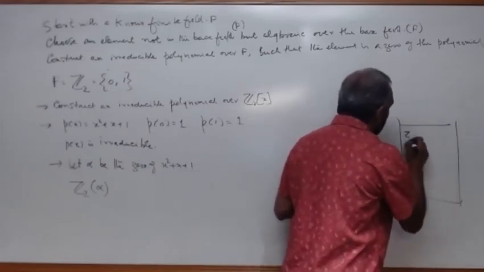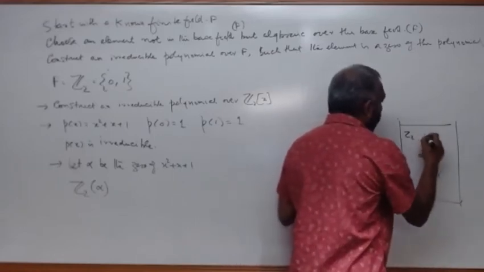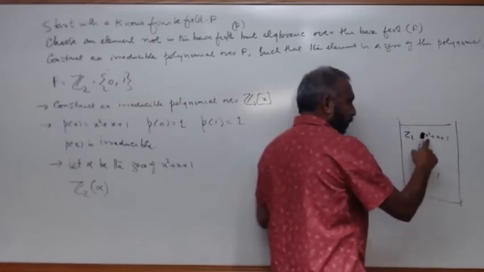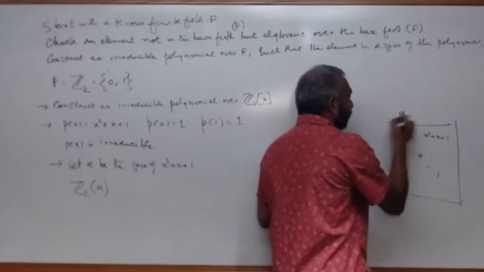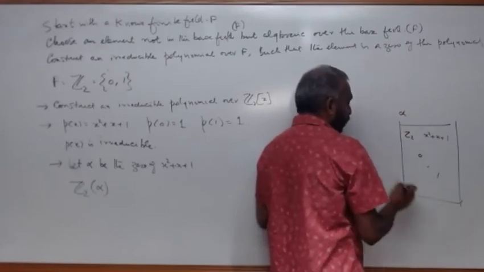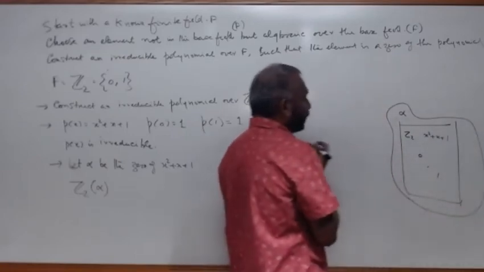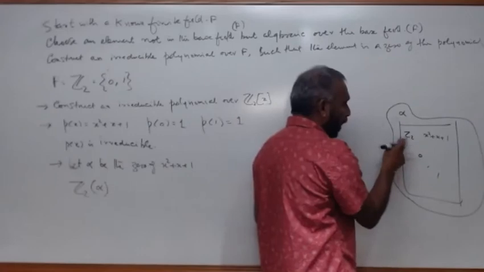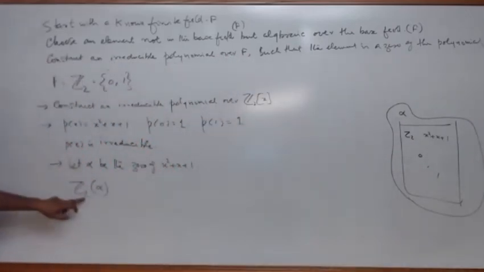This is our Z2, just 0 and 1, and we have a polynomial here, x square plus x plus 1. The 0 is not inside this, so it is outside here. So we are going to find the elements of the field that contains both alpha and Z2, and that is what we call the simple extension for alpha over Z2.